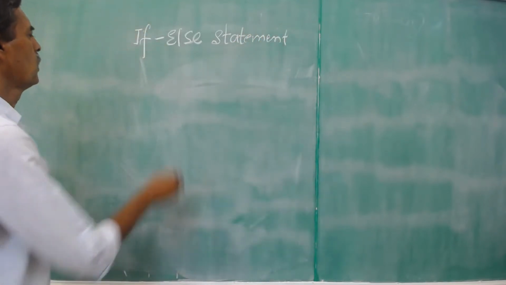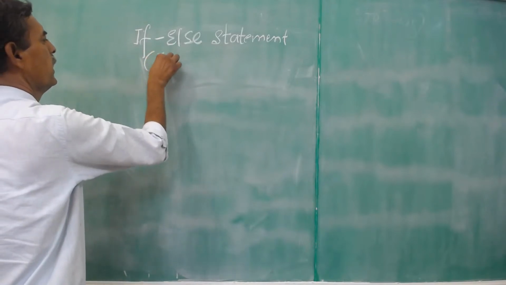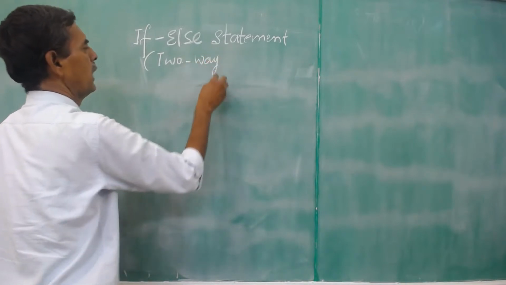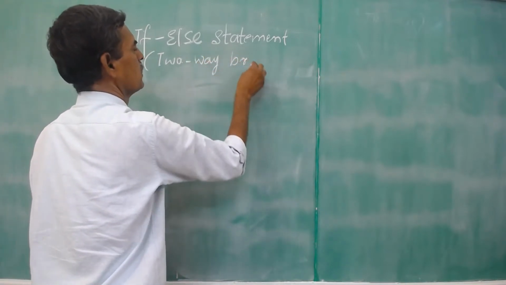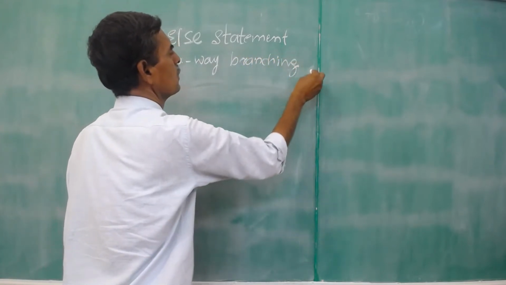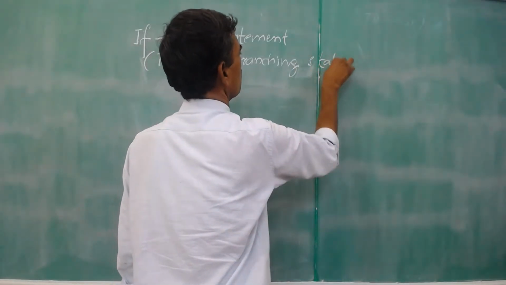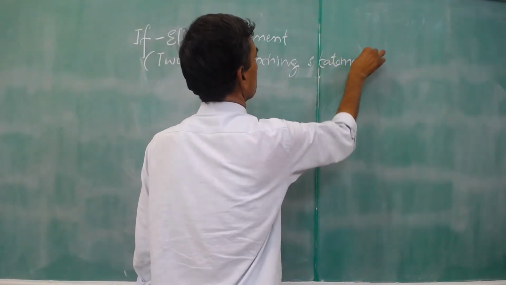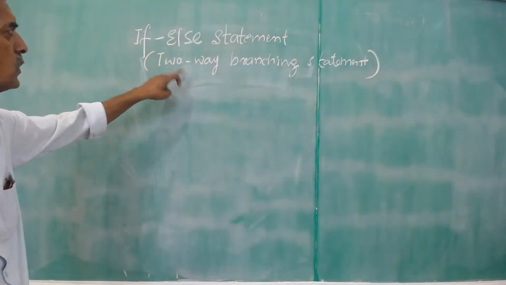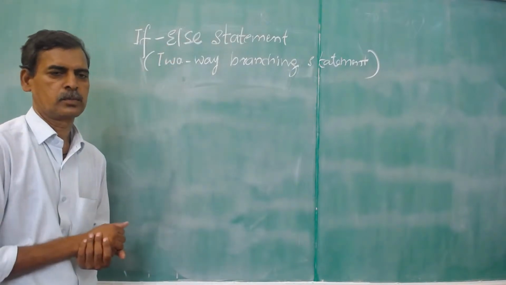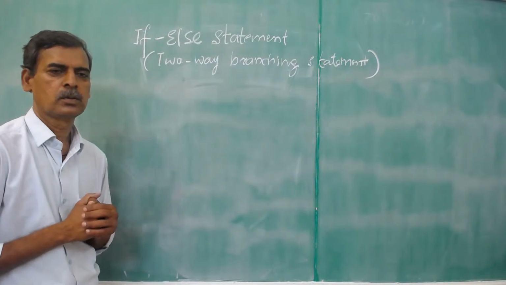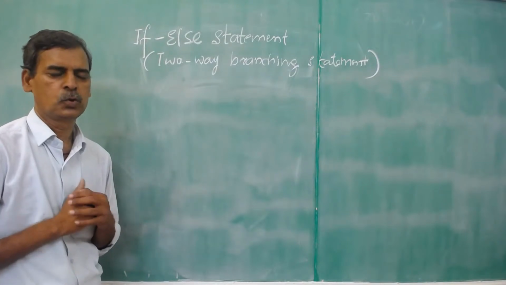So this is also called two-way branching statement. Because it has two ways, so it contains two blocks. If else statement contains two blocks, block 1, block 2.